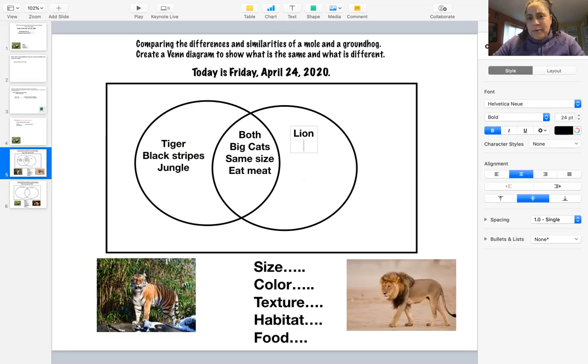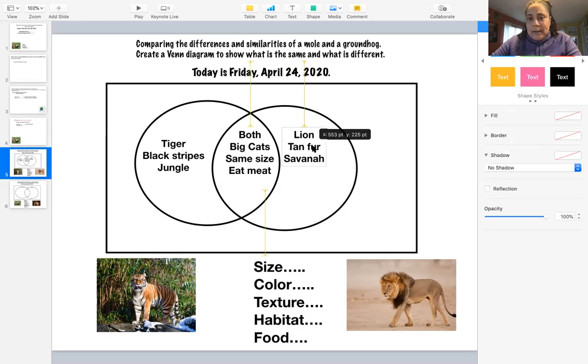Yeah, I think so. He's got tan fur or brown fur. And then what about where the lion lives? Do you think he lives in a jungle? Does he have all this bright green vegetation behind him? No, it almost looks like a desert, right? Or in Africa, it's called the savannah. I hope Miss Pike spelled that right. I think so. I have to double check.